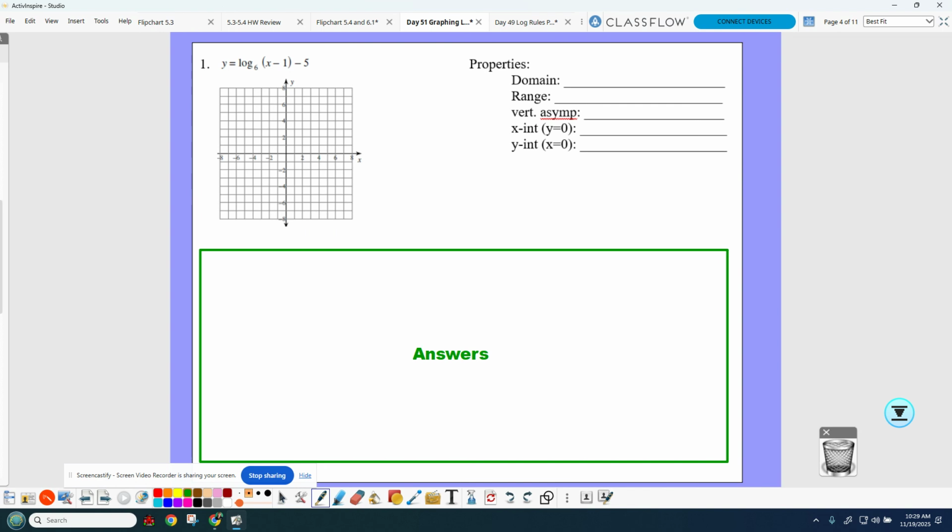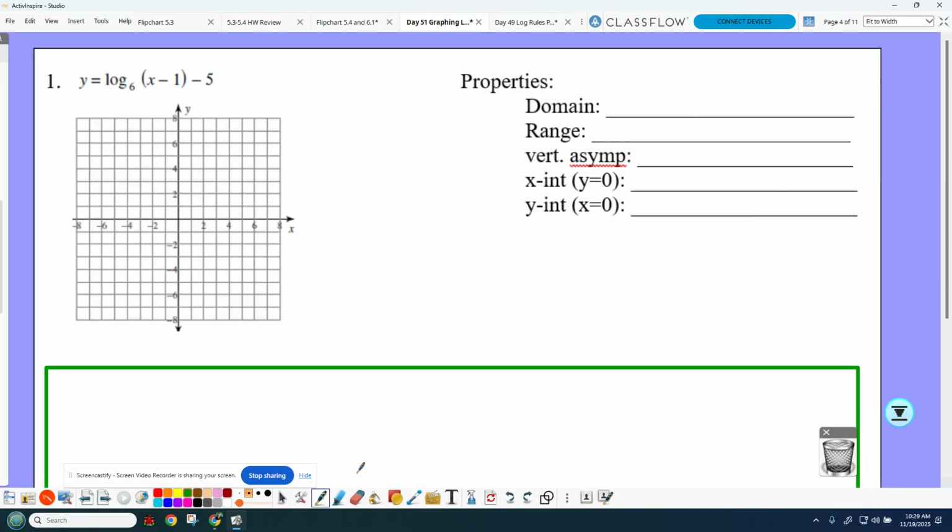Alicia, can you put up the vertical asymptote? Just draw it for us, like the ones that got moved. And can you write it in on the properties? Oh, there too. That's lovely. Thank you.